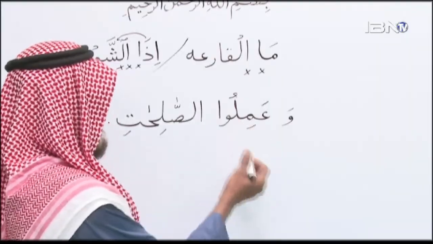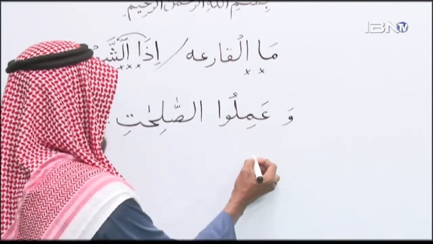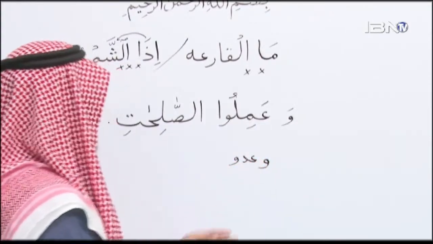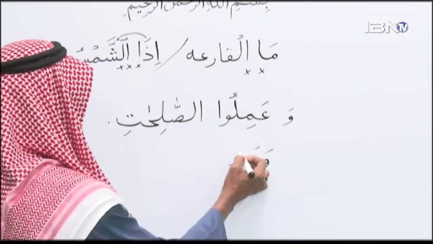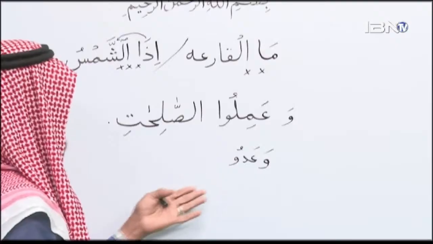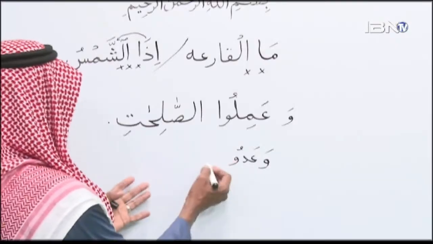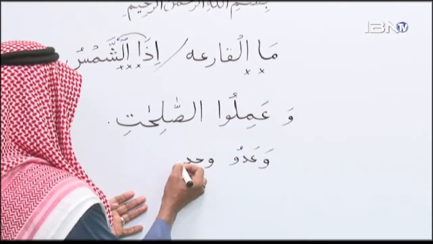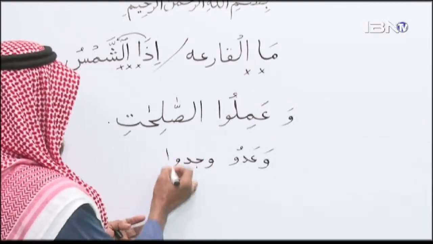All right, certain letters, for example, let's say you have wa'adu, all right? Wa'adu would normally be written like this. But if there is another word coming after that, all right?